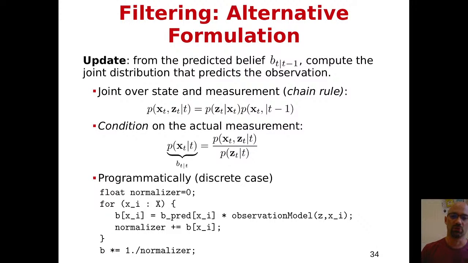We can compute the joint distribution between the states and the measurements, and then we can condition on the actual value of the measurement that we know, in order to pick up the slice of the distribution which is interesting for us, which is consistent with a specific measurement. Okay? And this basically concludes our very quick recap on filtering.